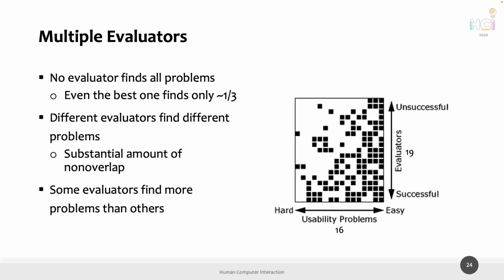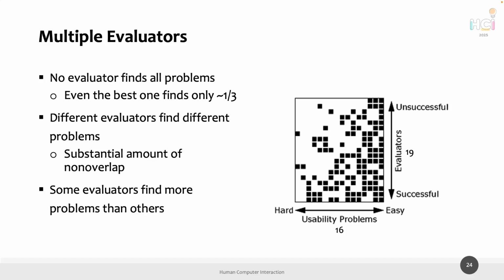So how many experts do we need to conduct a good heuristic evaluation? There is a magic number, which is 3 to 5, and there is a demonstration of why this magic number.